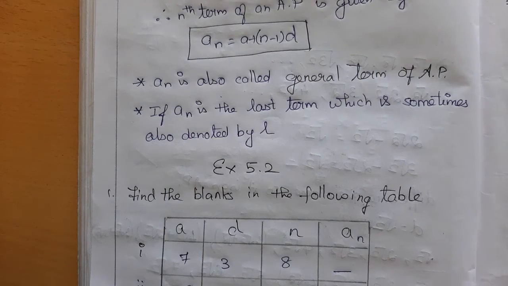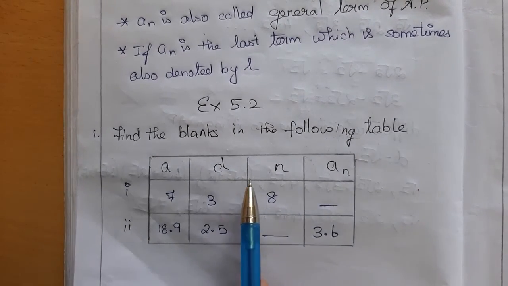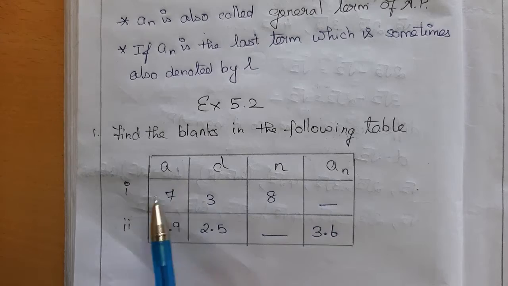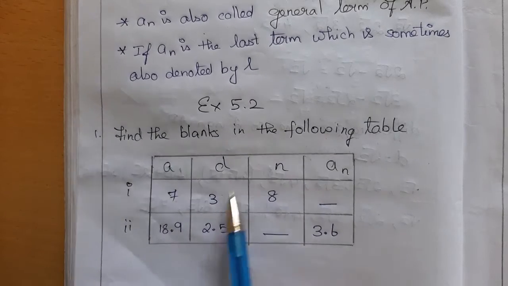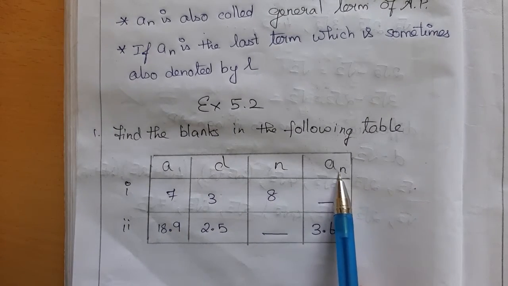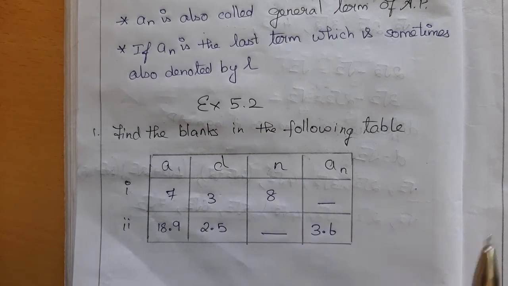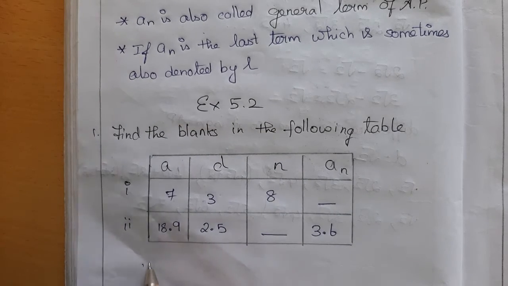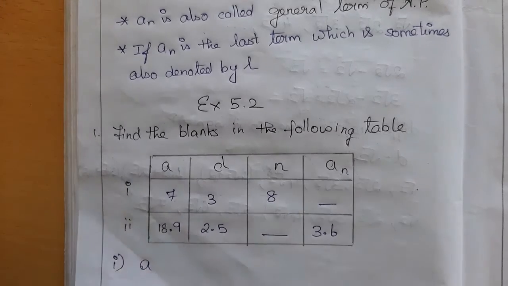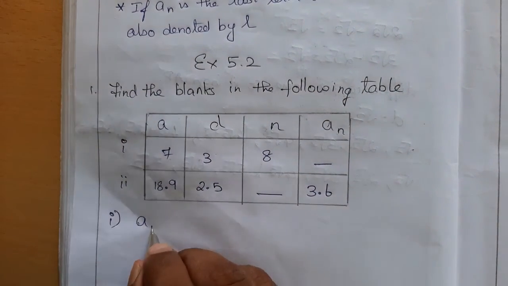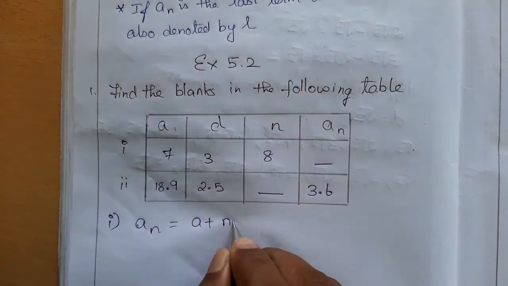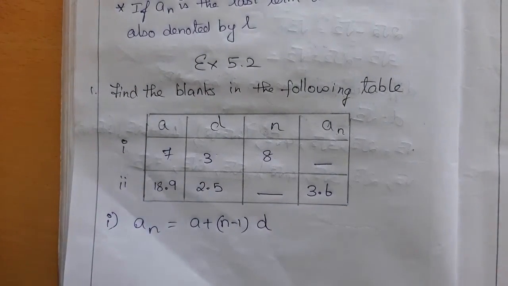Now we'll go for exercise 5.2. Find the blanks in the following table. The first one: a is given as 7, d is given as 3, n is given as 8. We have to find an. n is the number of the term, that is A8 here. So what is the general form? an is equal to a plus n minus 1 into d, right?